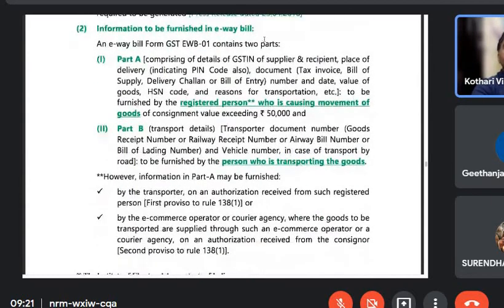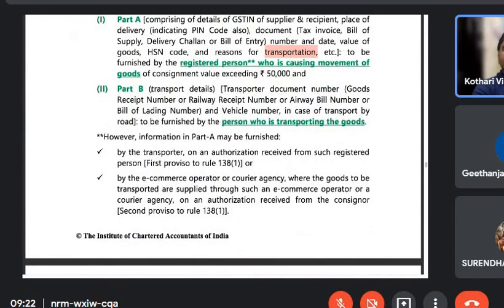So what are the information you are going to furnish in e-way bill? Part A will comprise the details of GSTN of the supplier and the recipient, place of delivery indicating the PIN code and the distance, document, tax invoice or bill of supply or delivery challan or bill of entry, number and date and value, HSN code, reason for transportation, etc. And part B will contain the transporter detail, that is his ID or the railway receipt number or the airway bill number in case of air or bill of lading in case of the movement by ship.